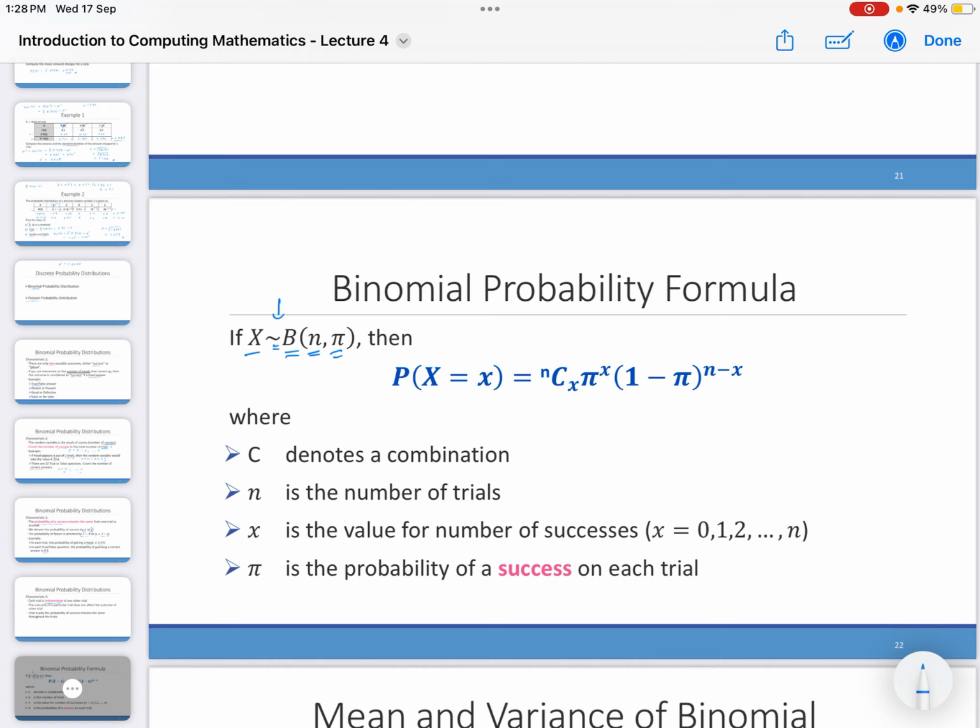So probability of x equals some value of x is n choose x, times the probability of success pi to the power of the number of successes x, times the probability of failure 1 minus pi, or 1 minus p, or q, to the power of how many fail, n minus x.